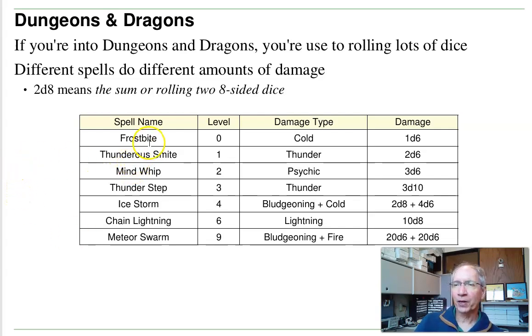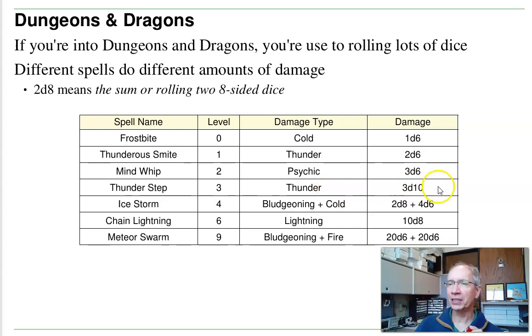Level 0 spell, Frostbite, does 1 to 6 cold damage. You roll a 6-sided die, and that's how much damage you do. Thunderous Smite is a paladin spell. I roll 2 6-sided dice, and my weapon does that much extra damage next time I swing. Mind Whip does 3 6-sided dice of damage. I roll 3 6-sided dice, add them up, that's how much damage I do.